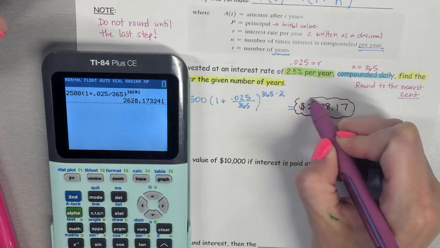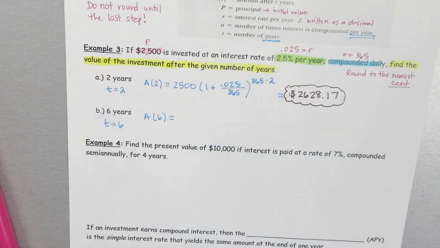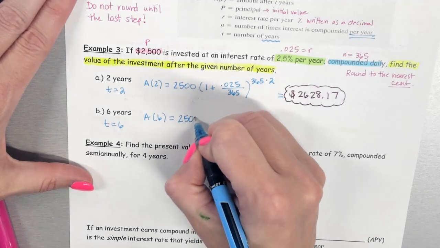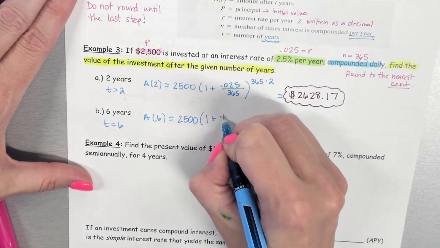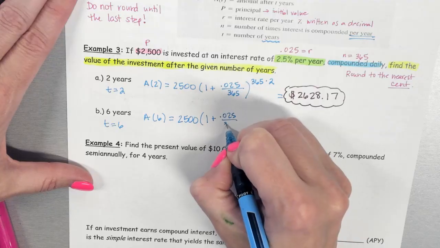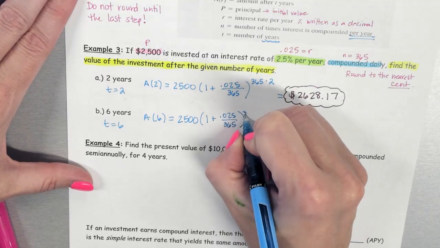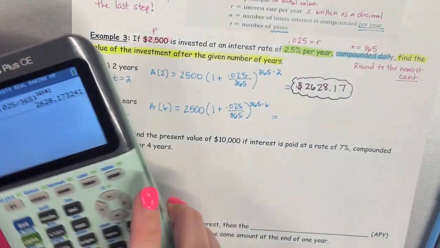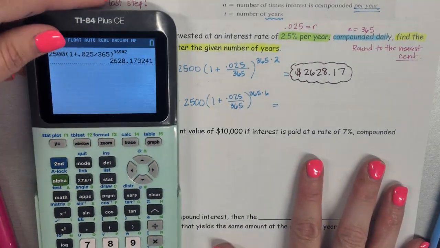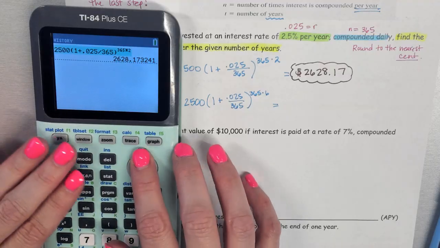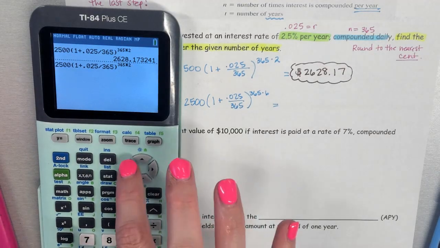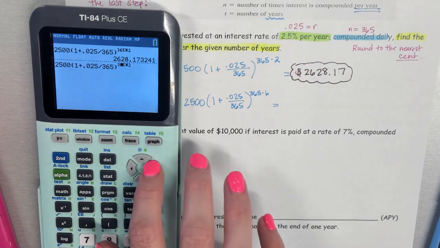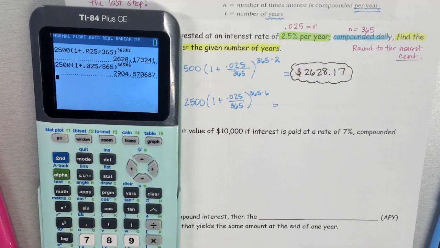Okay, so $2,628.17. You can also do this in parts. If you have the same setup, but you're only changing the years, then I recommend, if your calculator allows it, that you highlight this and just change this to the 6.